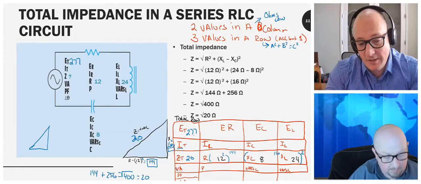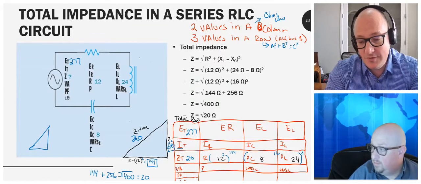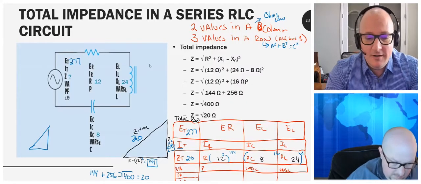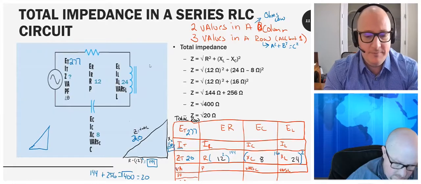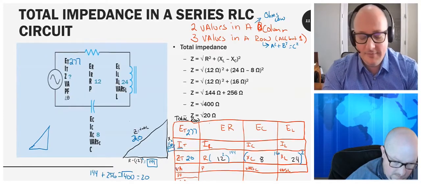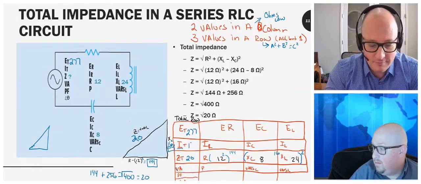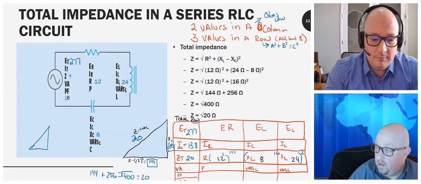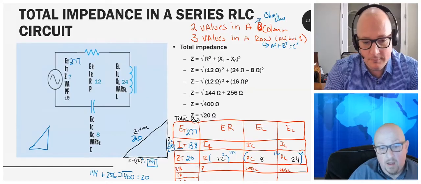Even though it's shown by the letter Z, it's still measured in ohms. So 277 over 20 gives me 13.8.